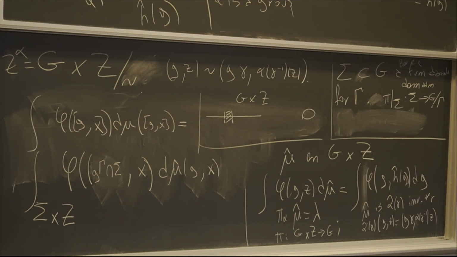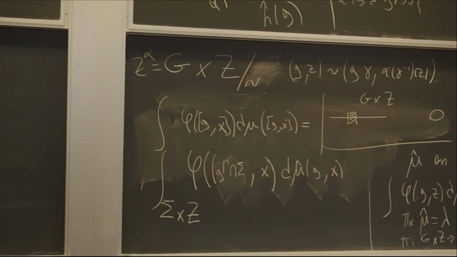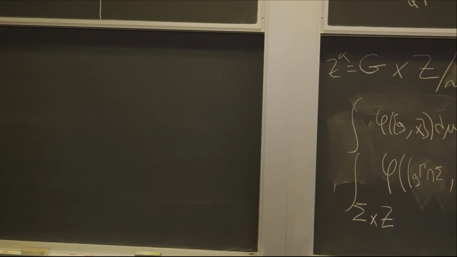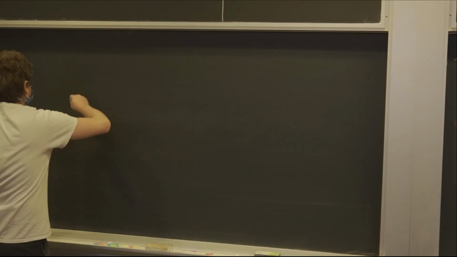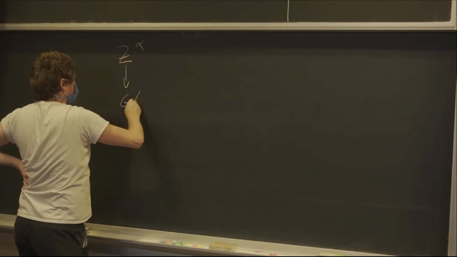But well, let's define this measure mu. So let's see what we can say about this measure mu. Oh, I had this one, I should have used. Okay, now I use it. Okay, so what do we have about this measure mu? We have C alpha projected into G mod gamma.